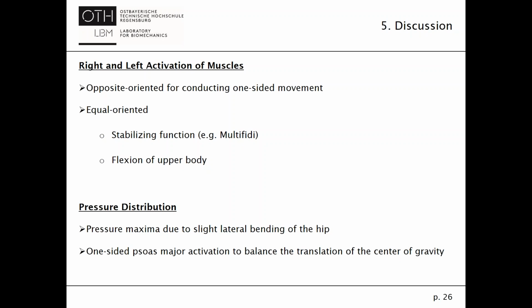Concerning the pressure distribution, we found out that this results from a slight lateral bending of the hip, and the muscles then try to balance the translation of the center of gravity. And this is especially obvious in the psoas muscle activation.